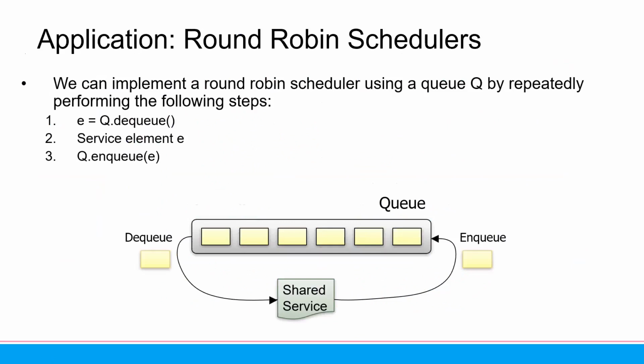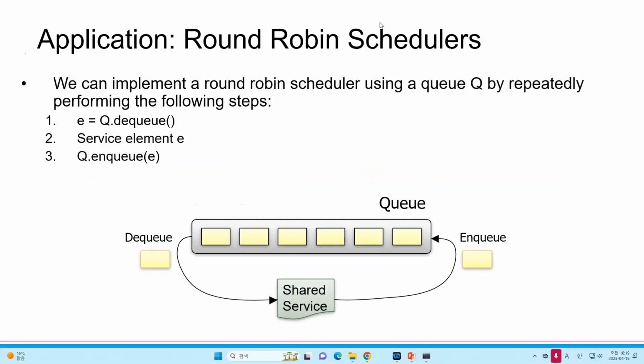We have a kind of scheduler. We call it the round robin scheduler. This kind of round robin scheduler is almost similar to the queue that we had before, the wrap around configuration queue.